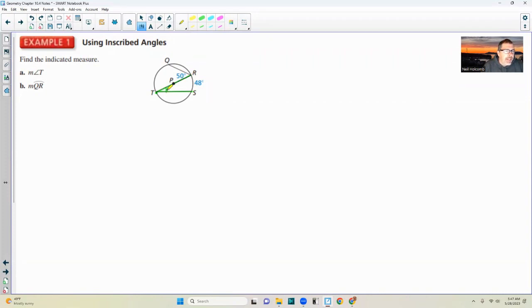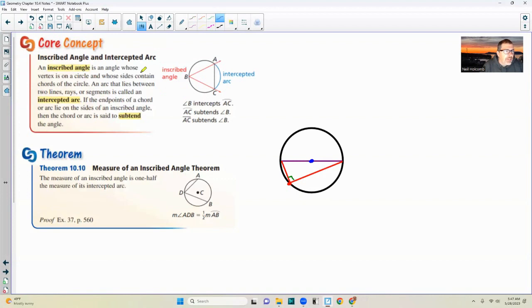But it doesn't matter that it's a diameter. All I notice is that this angle right here is an inscribed angle. Its intercepted arc is right here, 48 degrees. So we have a theorem, since the theorem says the measure of angle T, which is an inscribed angle, I mean.